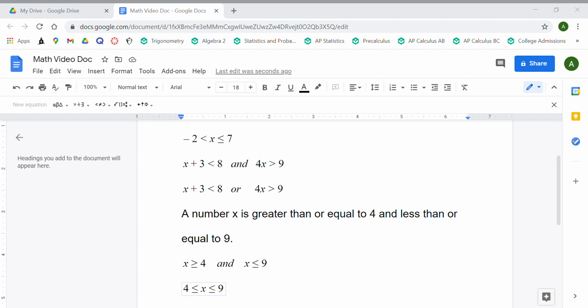We have it's greater than or equal to 4, right? So we need to put a closed circle here, of course, and then it can only go up to 9. So we're going to shade it until we get to 9 and draw a closed circle here. And that, my friends, is the graph of a compound inequality.